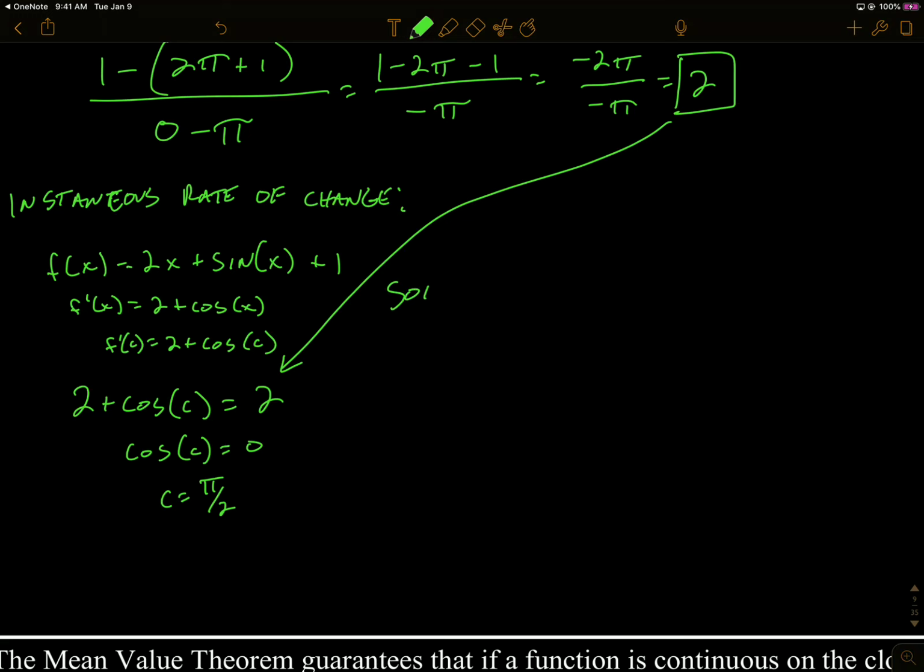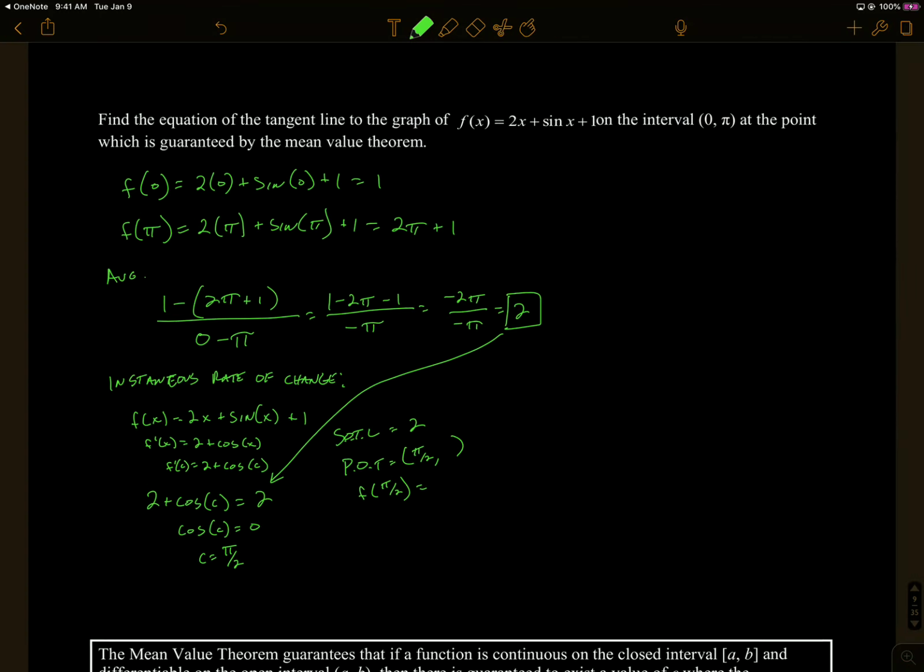So we already know the slope of our tangent line. They want us to write the equation of our tangent line. We know that it's 2 because we just found the x value so that the slope of the tangent line was equal to 2. We know that our point of tangency is at x equals pi over 2 because we just found the x value where that happens. So how do I find the y value? I have to plug my pi over 2 into the original function f.